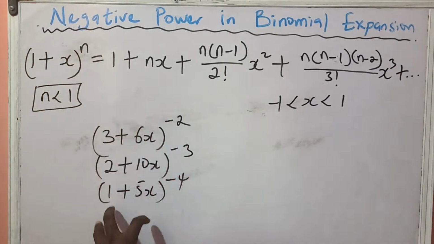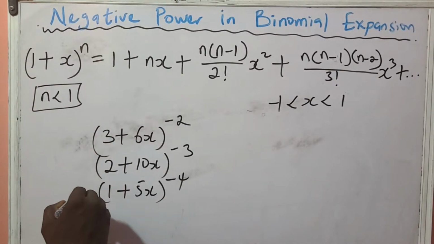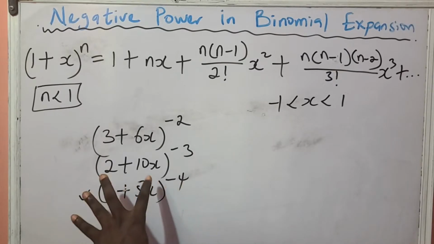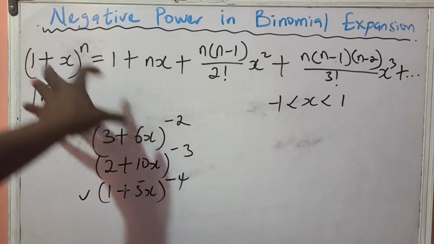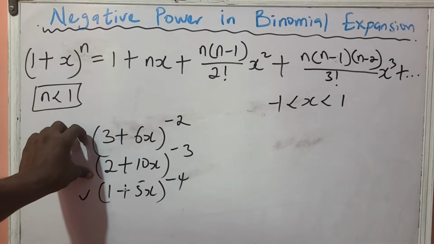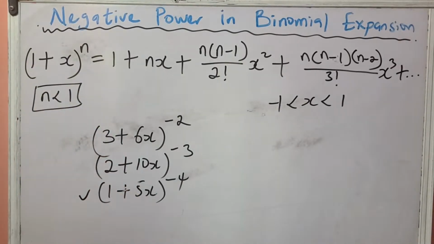So everything we see here, it is only this third one that conforms to this format. You can see this one has a 1 as the first value and then 5x as the second value. So this is the only example that we can use directly. These other two, we have to conform to look like this. We'll get into that very soon.